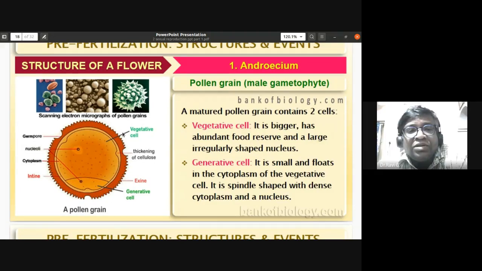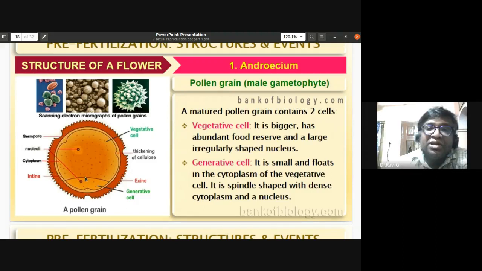A mature pollen grain contains two cells or three cells. The majority of pollen grains have two cells. One is the vegetative cell. It is bigger, has abundant food reserve, and a large irregularly shaped nucleus.